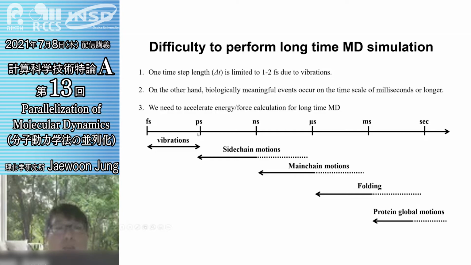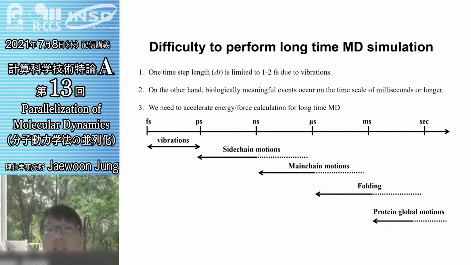So this is some example. Molecular vibration occurs from the femtosecond to picosecond level. Protein side chain motions are from picosecond to nanosecond level. Main chain motions of proteins occur from nanosecond to microsecond level. Protein folding phenomena can be observed after performing microsecond level, or even millisecond level.